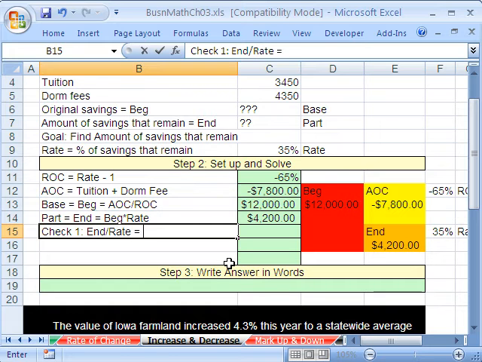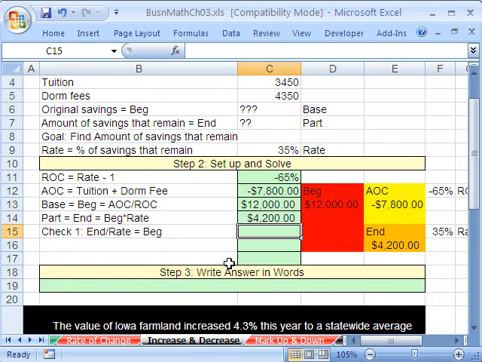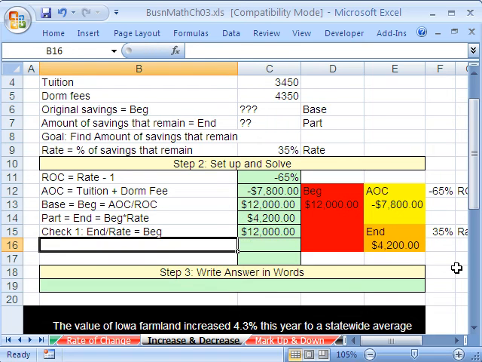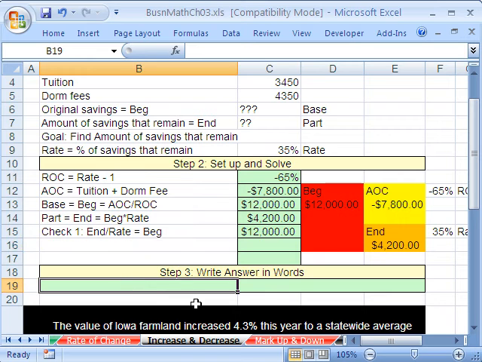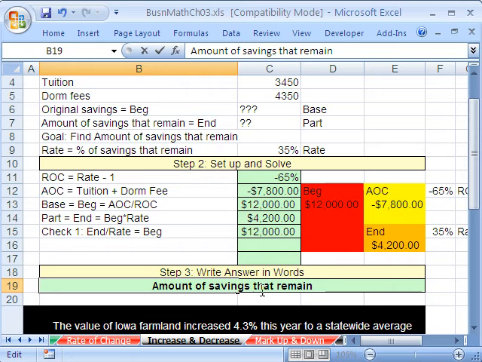And that better give us our begin amount equals, and you can take it from over here if you want, end divided by our rate. Ding, ding, ding, ding, ding. So we checked it there. And you could check it a couple other ways. Let's go ahead and write our answer in words. The amount of savings that remain.